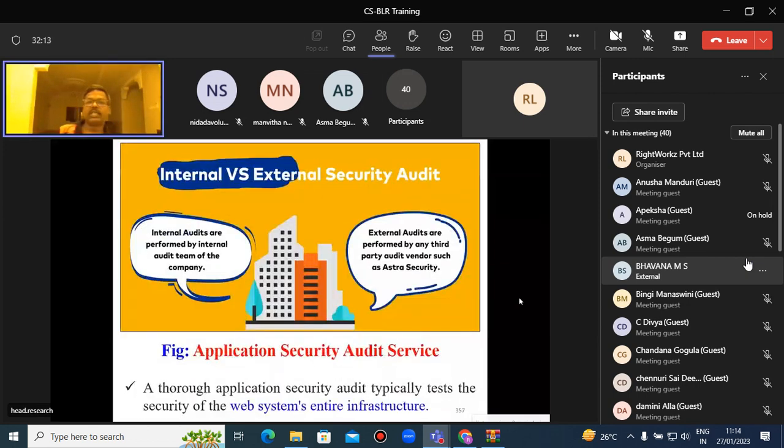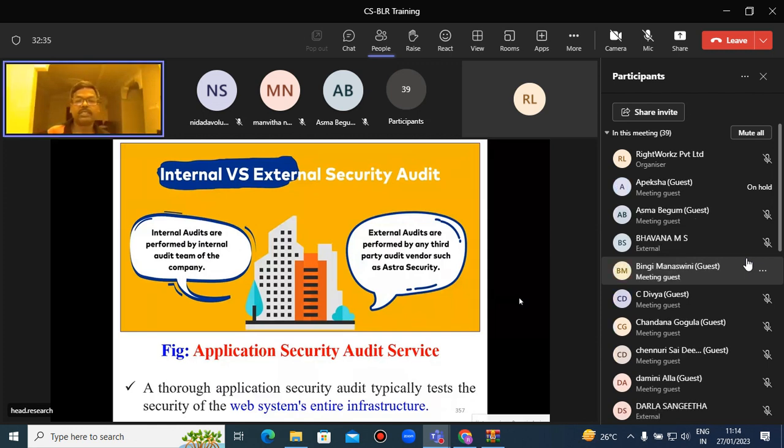There are two types: internal versus external security audit. Audit is nothing but checking the level of security mechanism in the organization. Internal audits are performed by internal auditees of the company.